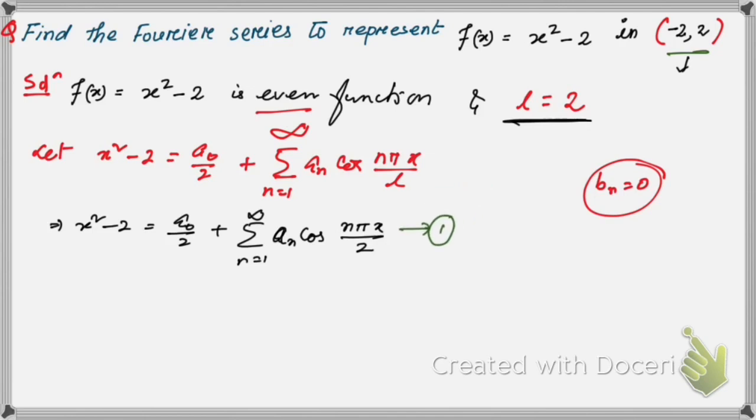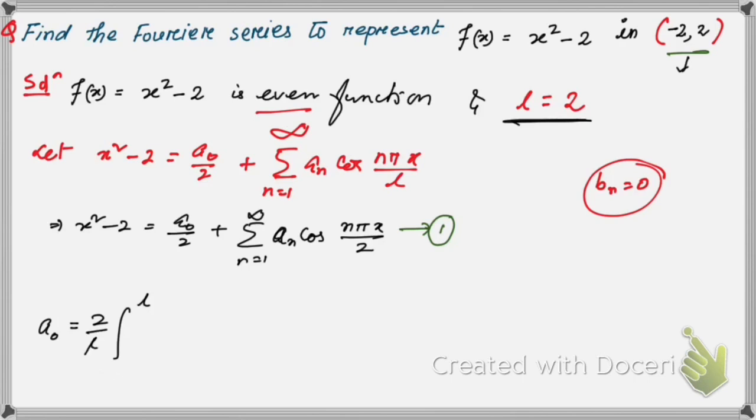That's fine. So now we know that a naught is equal to 1 by l integration from minus l to plus l, but we can change it to 2 by l from 0 to l, right?